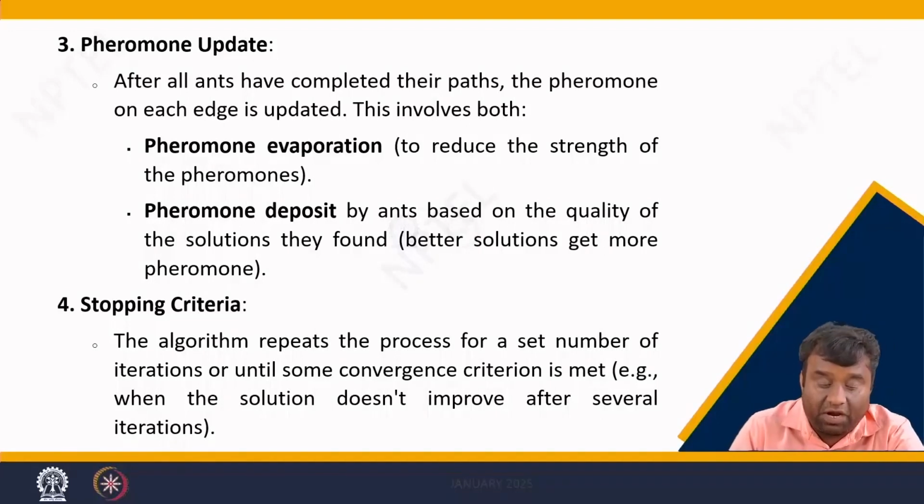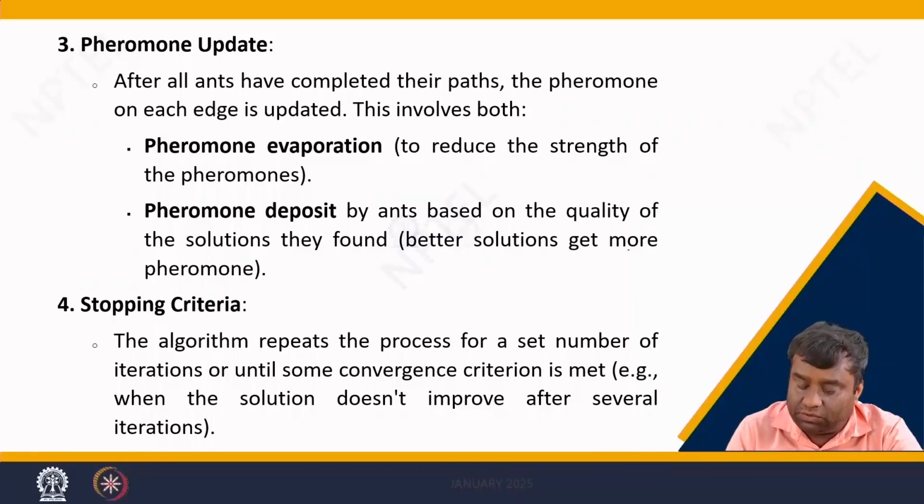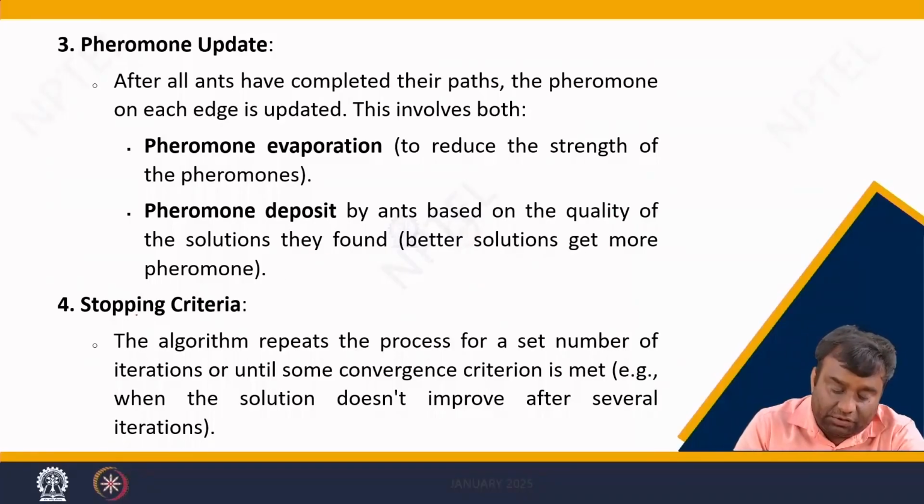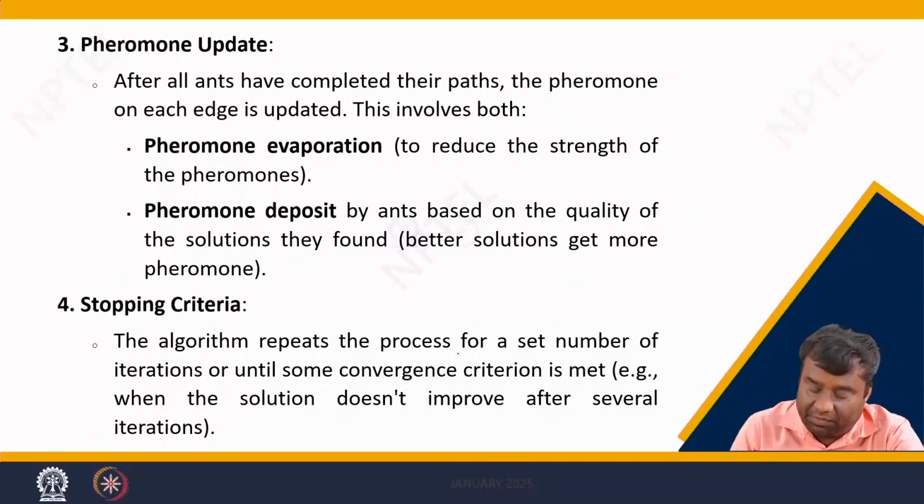Step 3, pheromone update. After all ants have completed their paths, the pheromone on each edge is updated. This involves both pheromone evaporation to reduce the strength of the pheromones and pheromone deposit by ants based on the quality of the solution they found. Better solutions get more pheromone. Step 4, stopping criteria. The algorithm repeats the process for a set number of iterations or until some convergence criterion is met, for example, when the solution does not improve after several iterations.